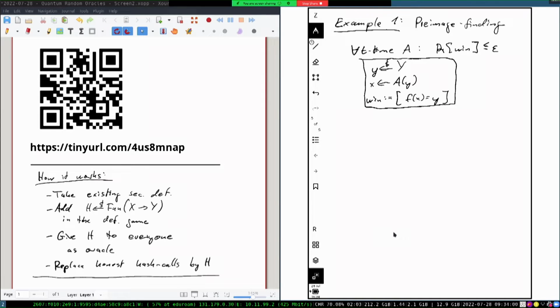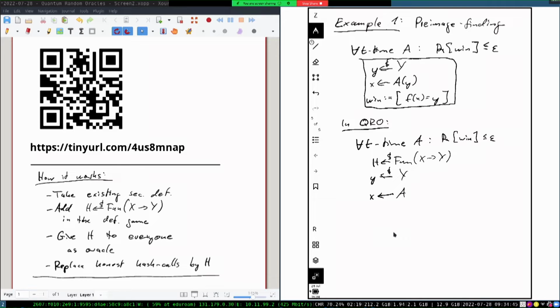Well, in any case, this property we want to translate into the random oracle model, and that turns out to be relatively easy. All we do is write it in the quantum random oracle model. It still says for all t-time A, the probability of winning is small, but the game has slightly changed. Now we have this picking of the function. We also pick the y as before, because up here it was picked randomly.